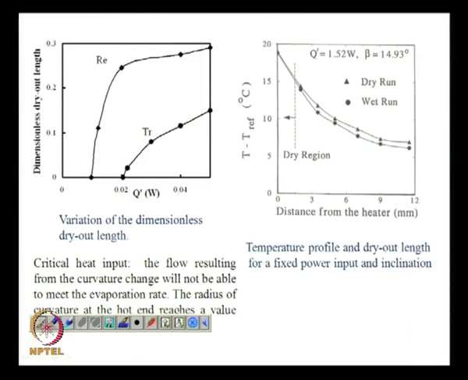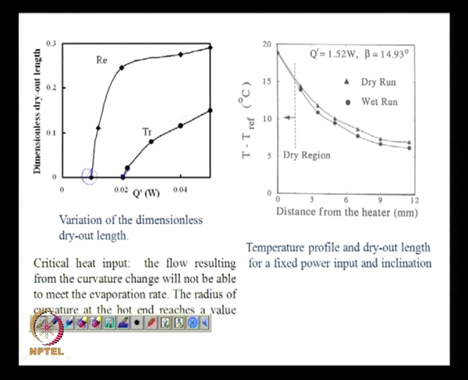And this is a plot of the critical heat input, or rather the dimensionless dry out length, as a function of heat input. Here you can see that up to a heat input of 0.02 watt, there is no dry spot for the triangular heat pipe, whereas for about 0.1 we could see the formation of a dry spot.